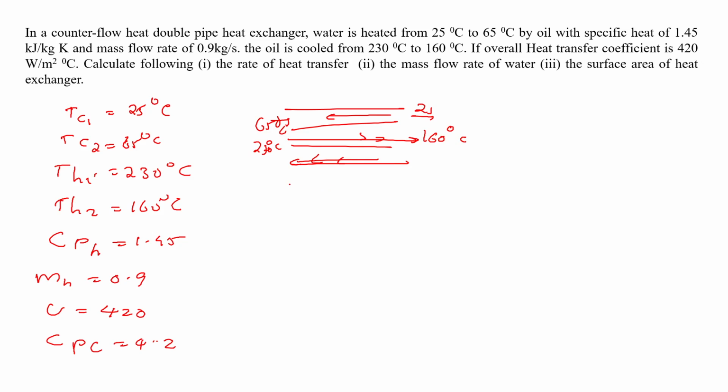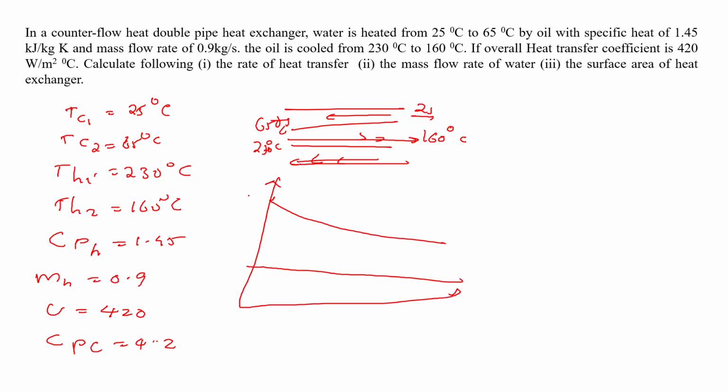Okay, now if we draw the diagram, Th1 is 230 degrees Celsius, and it is getting cooled to 160 degrees Celsius, that is Th2. And here Tc2 will be 65 degrees Celsius and Tc1 is 25 degrees Celsius. The area is given here, and the temperature is going in this direction.